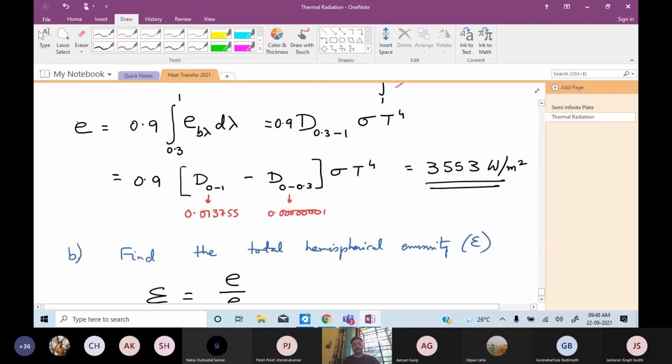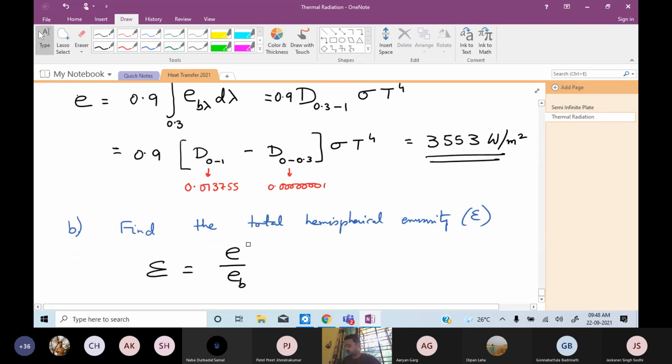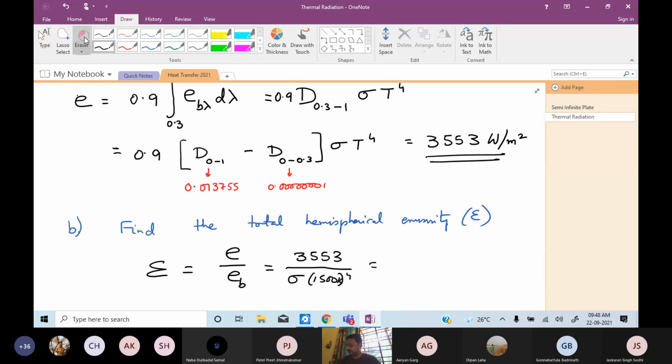So E I have just found out, and EB is sigma T to the power 4, which I also found out while doing these calculations. So it turns out to be 3553 divided by sigma times 1500 Kelvin to the power 4, which will turn out to be 0.126.